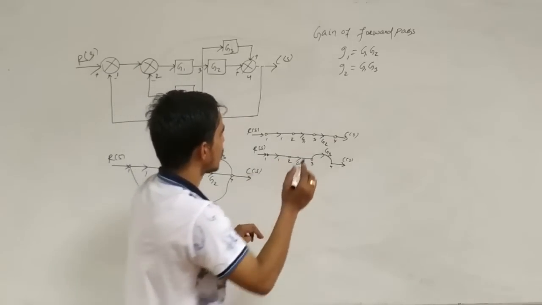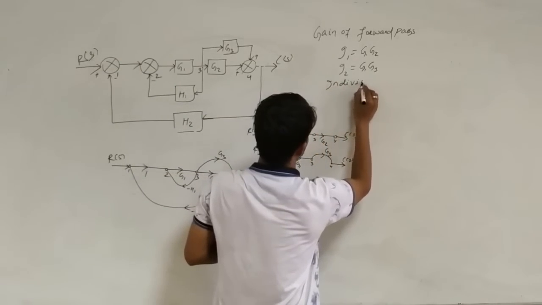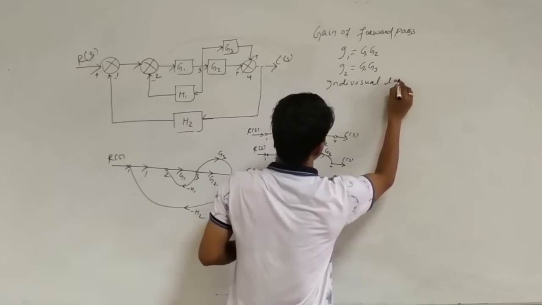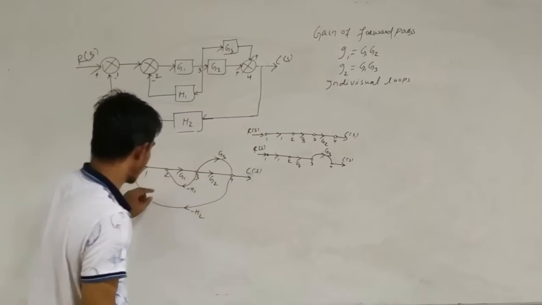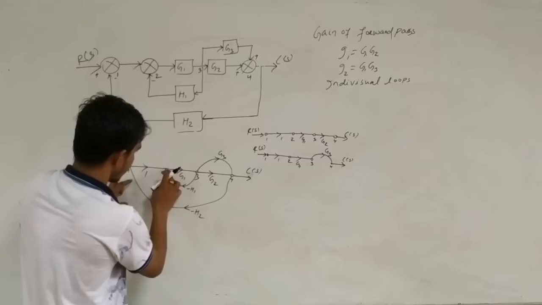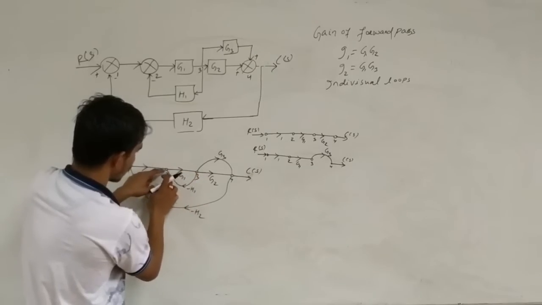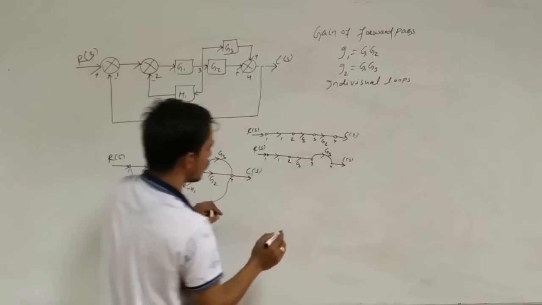Now we have to consider individual loops. Node 2 to 3 and then coming back to node 2, this can be a loop.